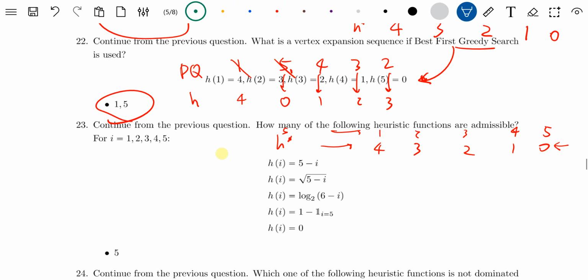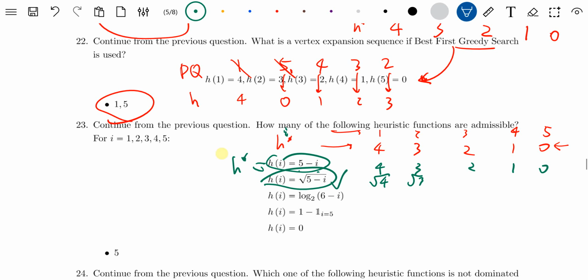So let's do it for each one of them. 5 minus I, where I is the state. When I is 1, 5 minus 1 is 4. 5 minus 2 is 3. So it happens to be the same. So this is equal to H star, so of course this is admissible. And this is square root 4, square root 3. So the square root of an integer is less than the integer. So this is okay.